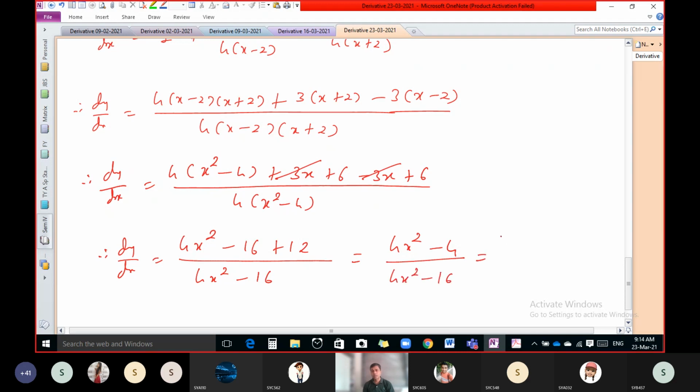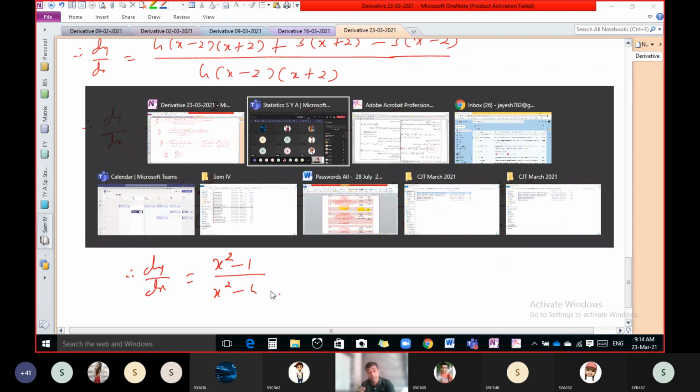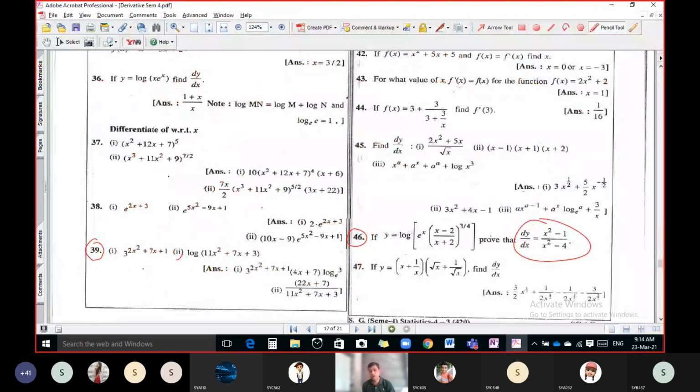Let us take 4 common: we get x² − 1 in the numerator and x² − 4 in the denominator. Cancel this 4. So the final answer of dy/dx is (x² − 1)/(x² − 4). This is a good question, slightly lengthy compared to all the previous questions.